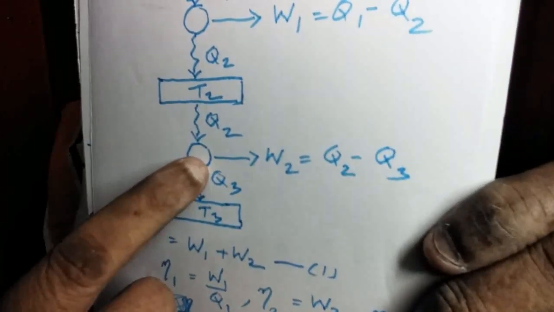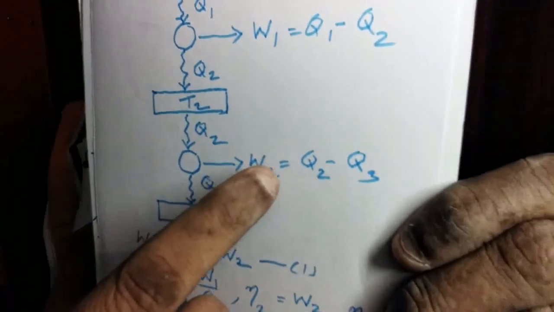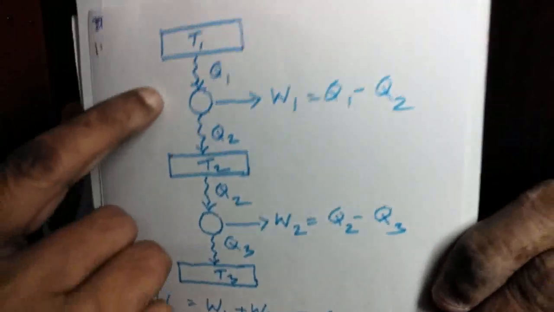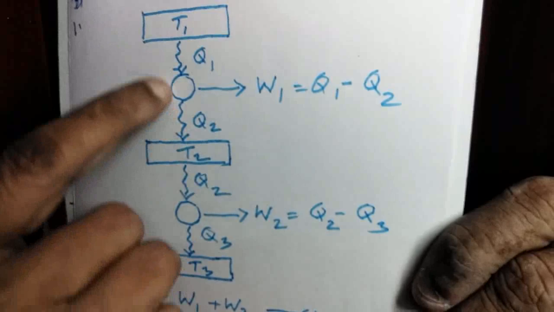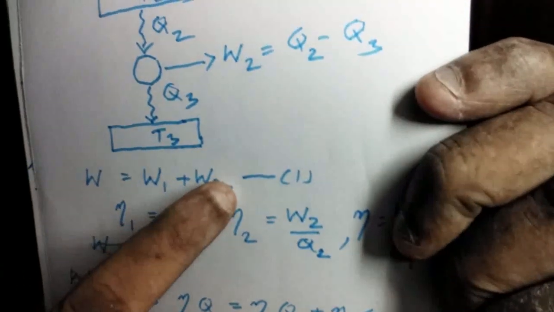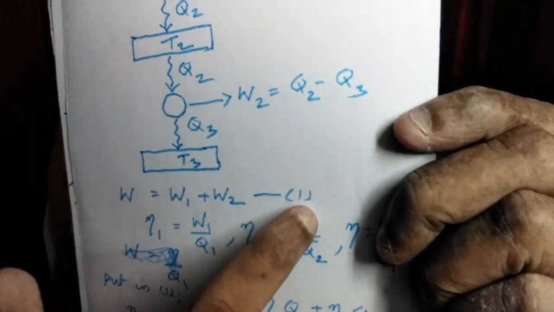Then the work done by the second stage is W2 equals Q2 minus Q3. Then the total work done by the combined engine, W, must be equal to W1 plus W2. Put it as equation number 1.